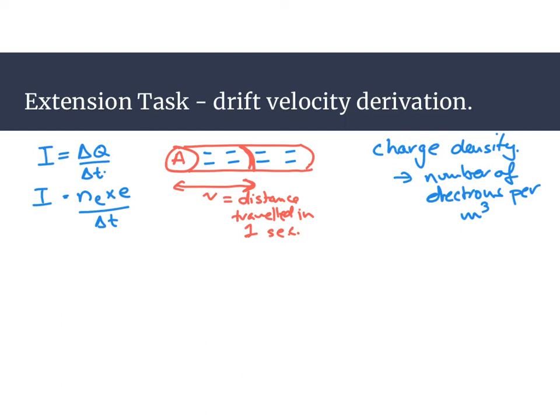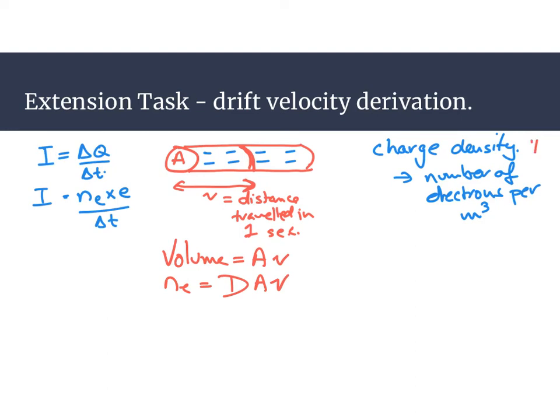And so we get our volume then, okay? If we take this area, volume is going to equal that cross-sectional area, which is pi r squared in this particular case, times the velocity. And if we know the volume, we can get the number of electrons, which is going to equal the charge density, which we can call D, times the area times v.